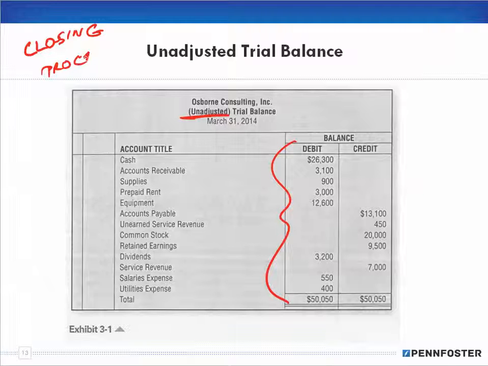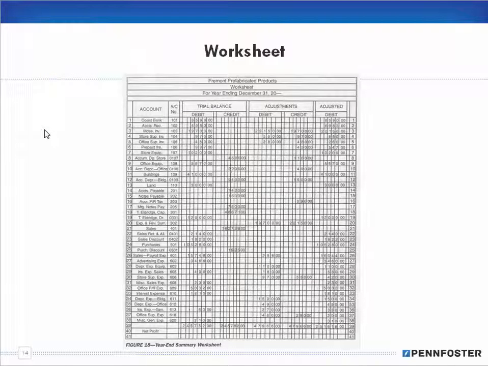The closing process is how we make sure that our information is absolutely correct in the way we want to present it on our financial statements. Now, we start out with this unadjusted trial balance, and on the slide I'm showing you a worksheet. Actually, these next two slides, because I can't fit them all on one page.